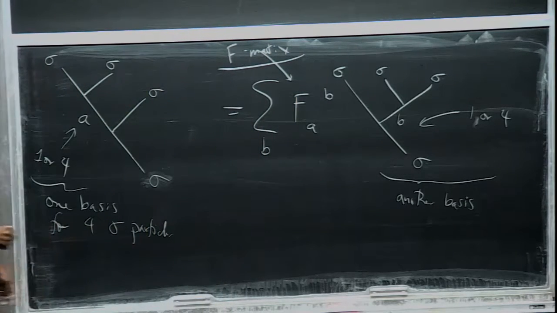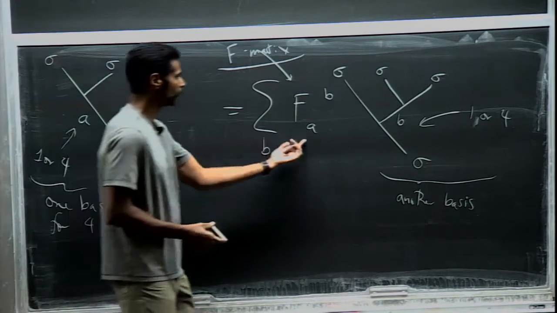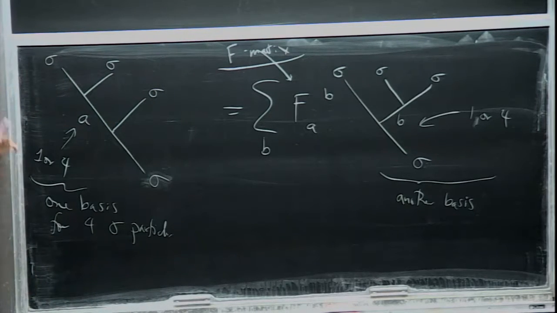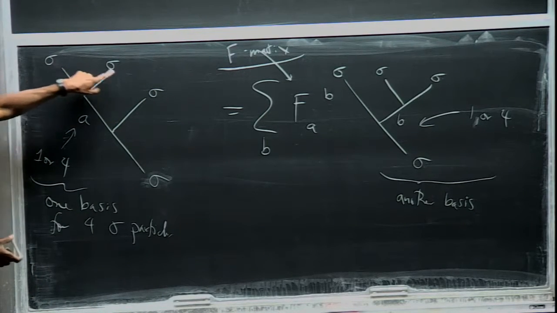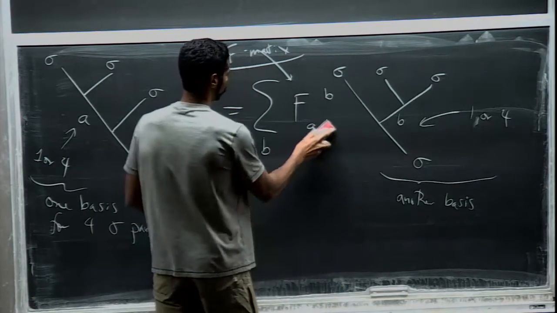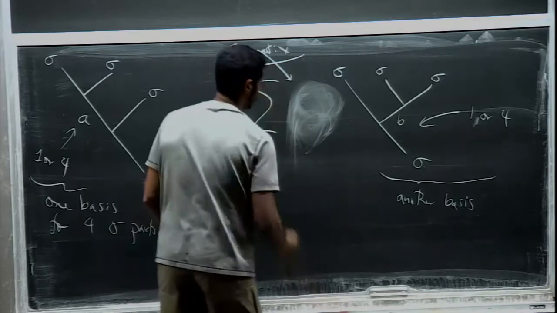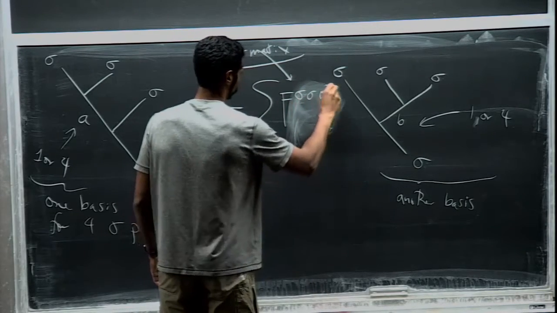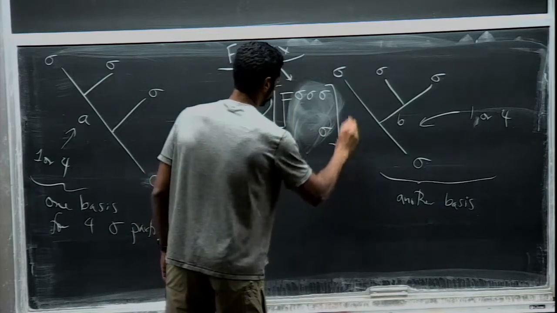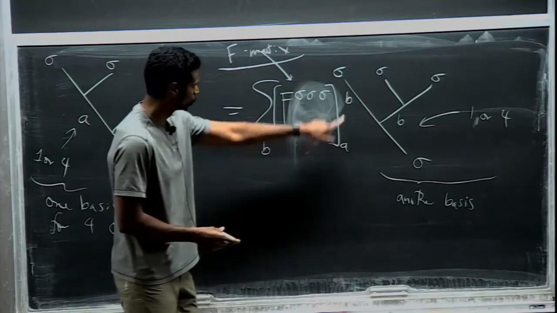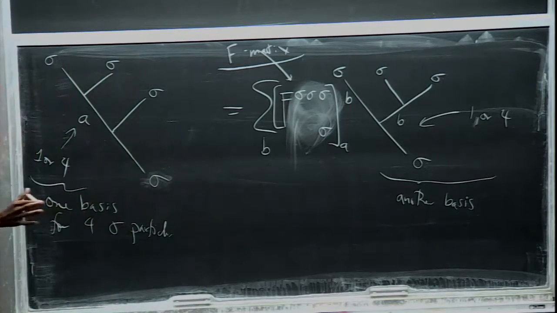I've emphasized the matrix indices A and B on this matrix, but actually the standard notation is also to make sure to specify what particle types you have. So it's a matrix in the sense that it has indices A and B corresponding to the basis vectors in the 2 different bases.